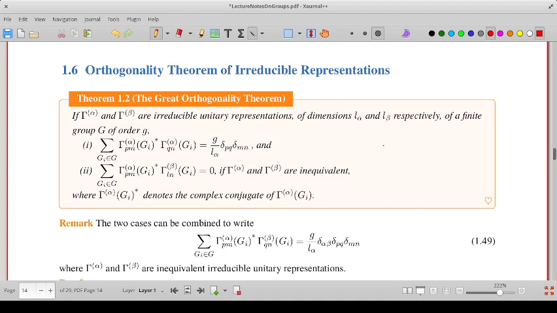Unitary representation means the individual representation matrices corresponding to each group element, denoted by say gamma alpha Gi and gamma beta Gi, are all unitary. That is, the adjoint of gamma alpha times gamma alpha for a particular element will be equal to the identity matrix.